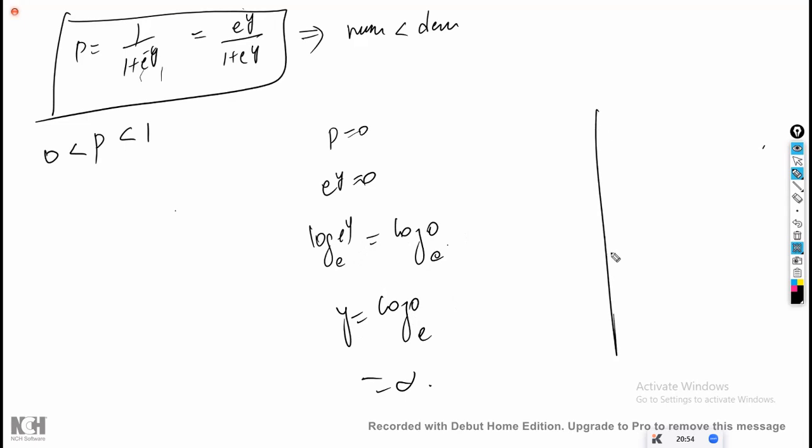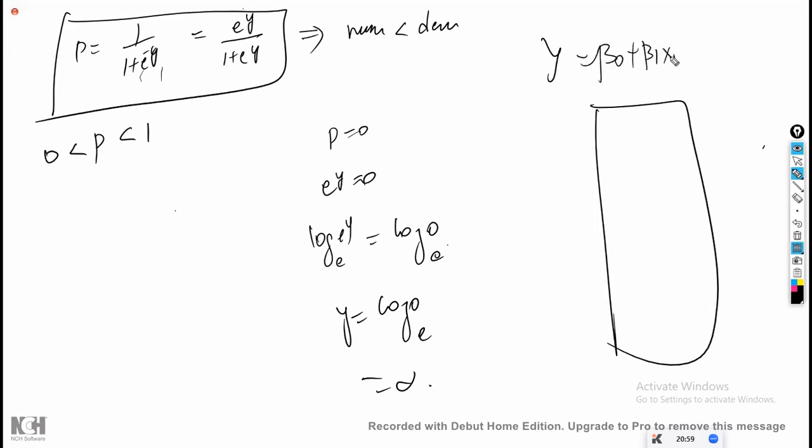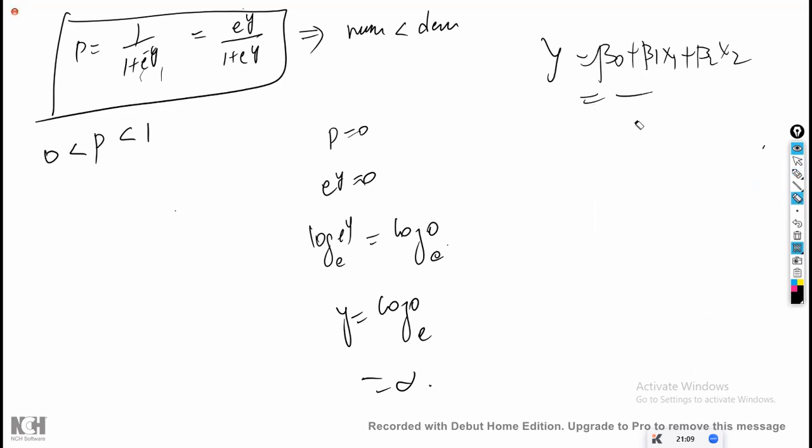But in the equation y is equal to beta naught plus beta 1 x1 plus beta 2 x2, whatever the equation you have, y is never going to be infinite. Because if you substitute some x values and beta values, you automatically get a finite value only.